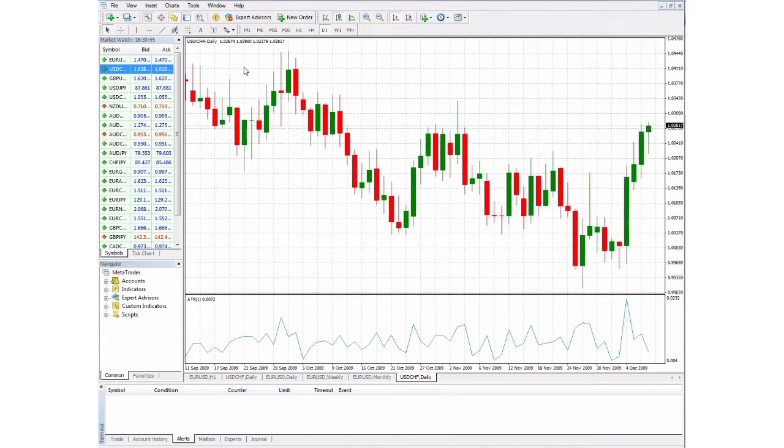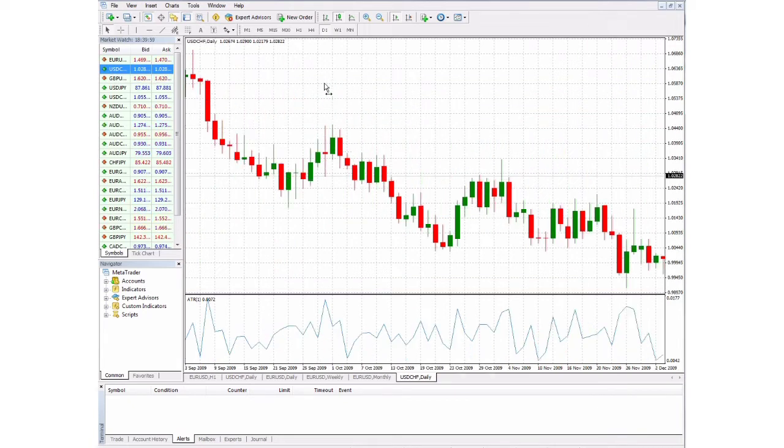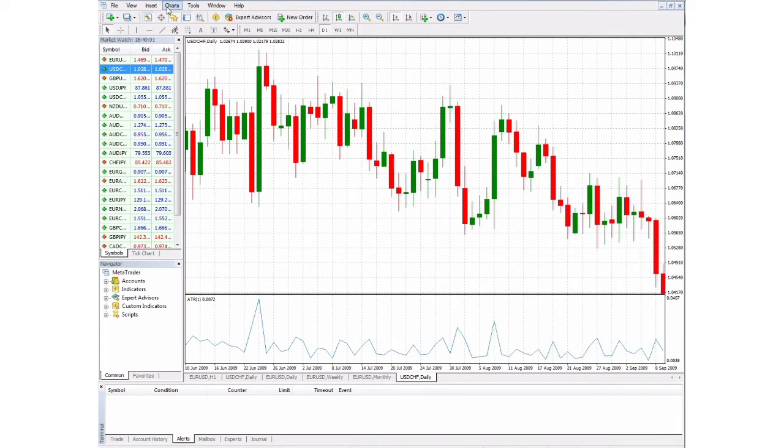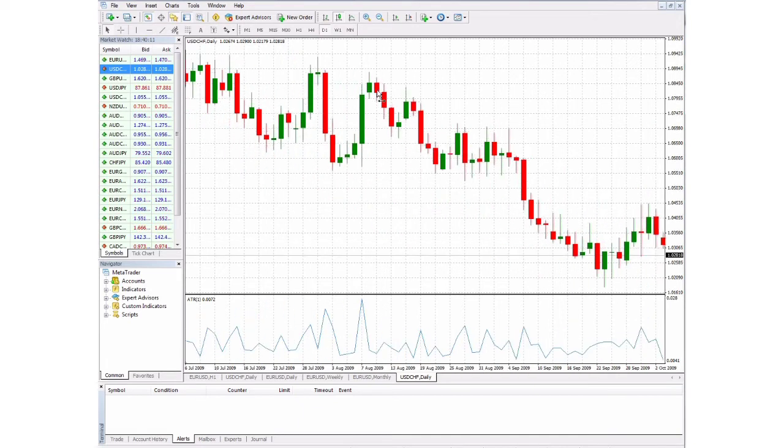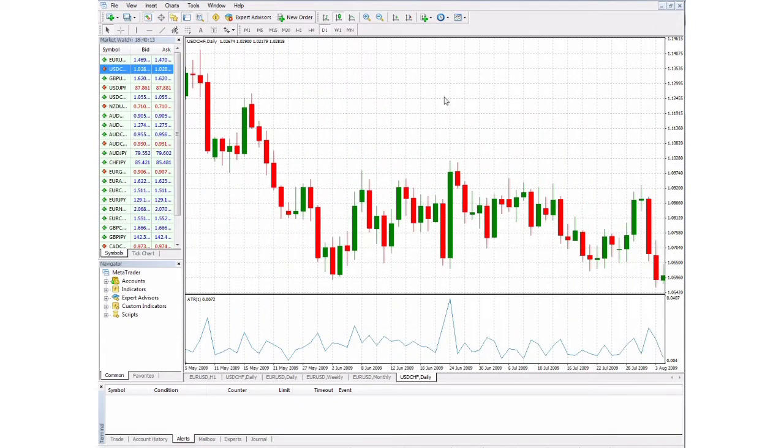I'll pull another market over here, and we can draw some levels so you can get a quick look at what's going on. Let me turn off auto return there. And say we'll just go back a ways.